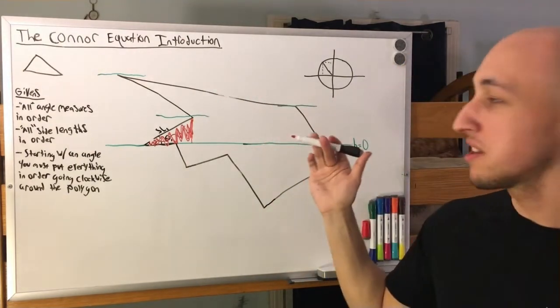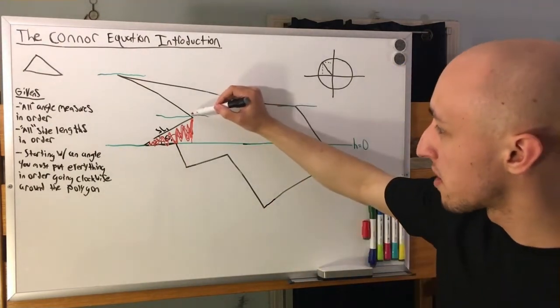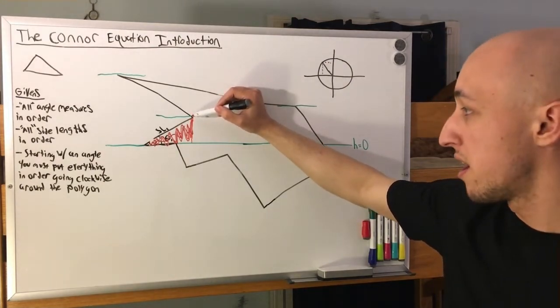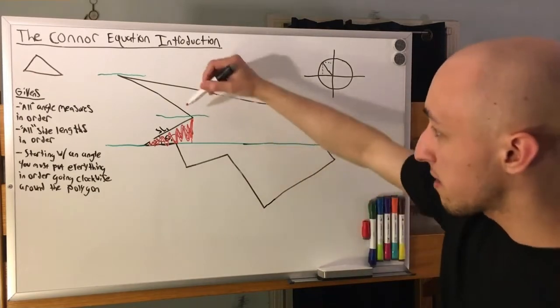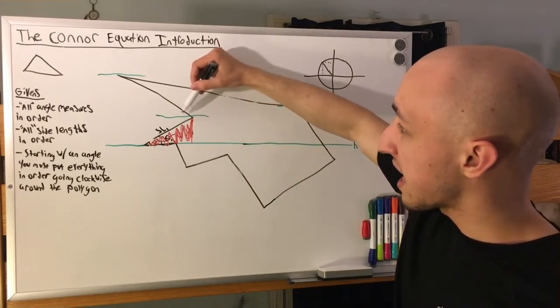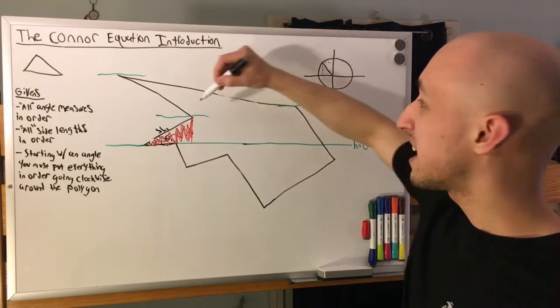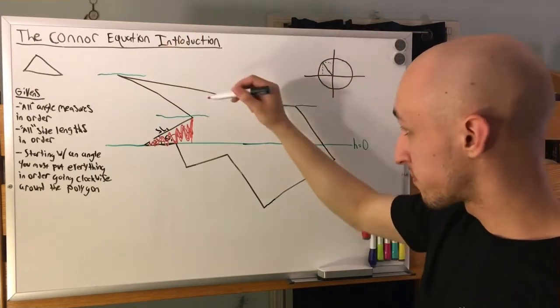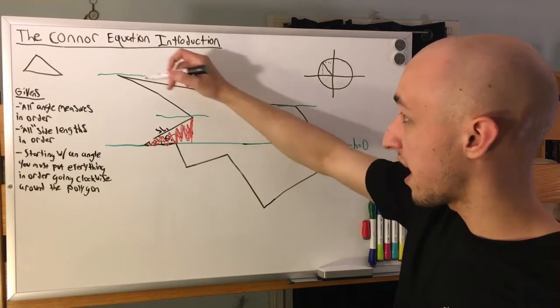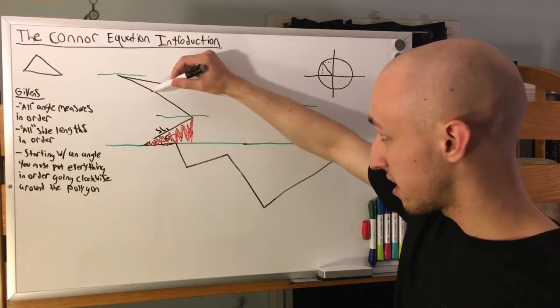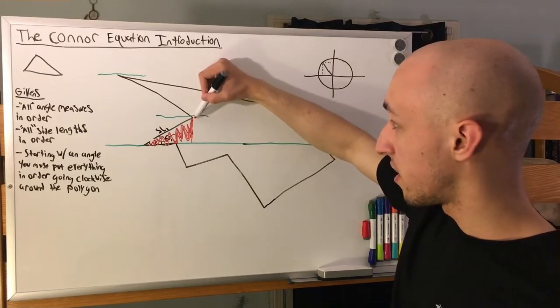I have to move quickly, so bear with me. We move on to theta 2, this angle right here. It's a big angle, okay? Now we can see it's headed in this direction. The cosine is going to be a negative value, but what we're going to do for the height is going to be the side length times the sine of our angle.